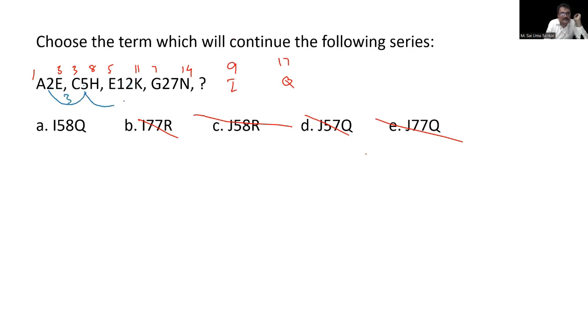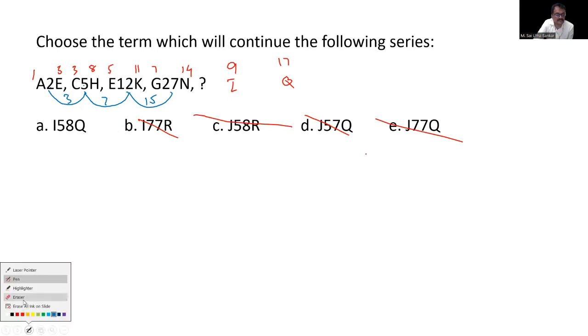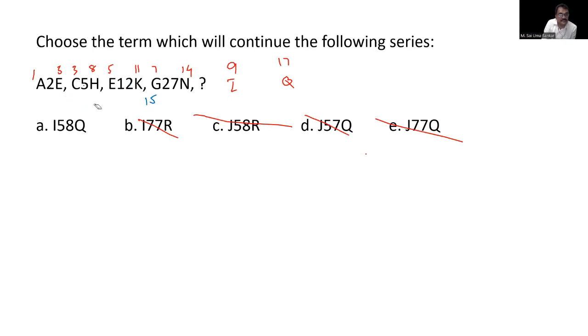The difference between these two is 7. The difference between these two is 15. Now, what is the relation among 3, 7 and 15? We don't know. So here the numbers do not satisfy the condition. Now you check whether any other possibility exists or not.